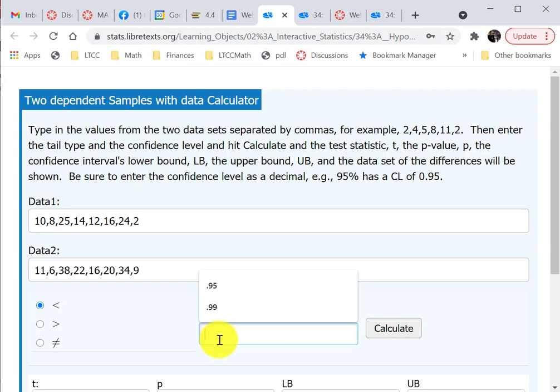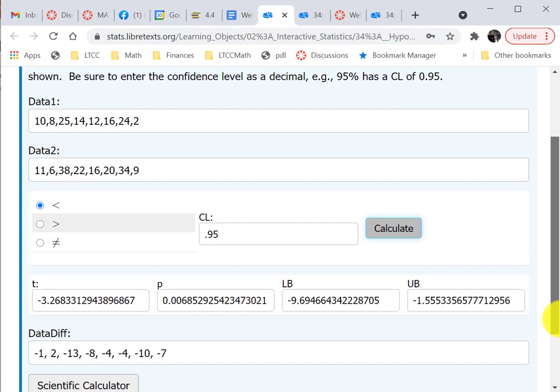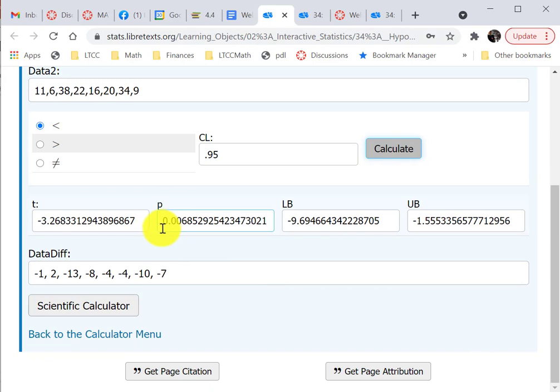The confidence level was 0.95. And I hit calculate. And here it is, 0.007 or so, very small. So it looks good.